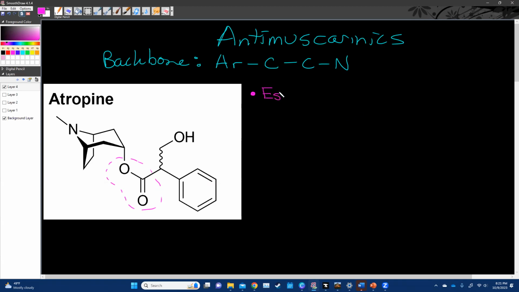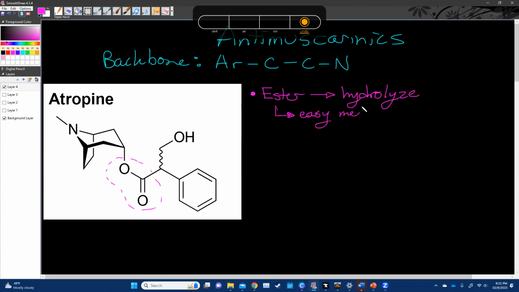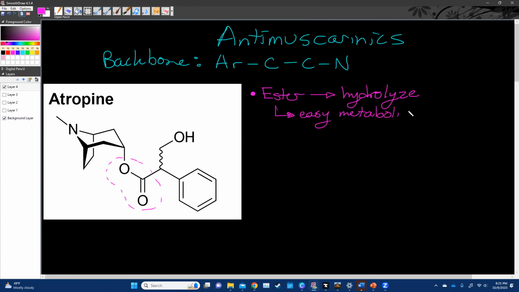We have an ester, which means that we're going to hydrolyze it. So, in other words, we have easy metabolism. Can you already think of a way to modify atropine to decrease metabolism? Hint, hint, get rid of the ester.